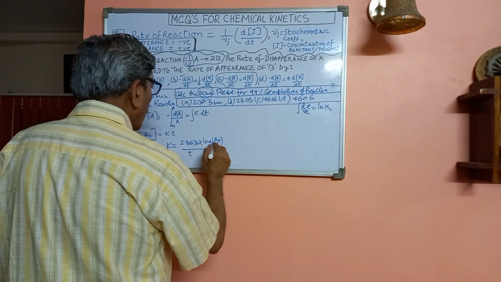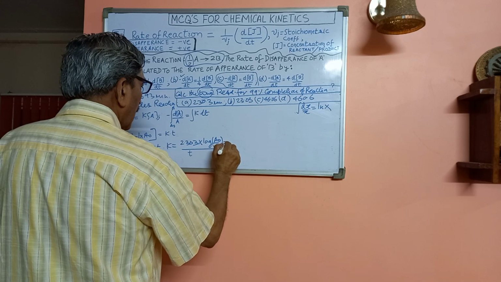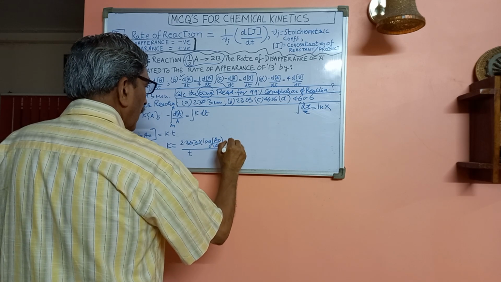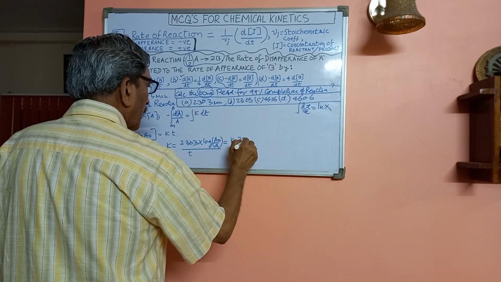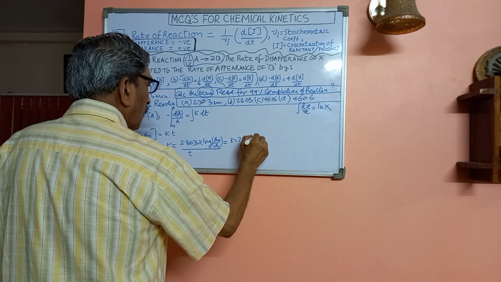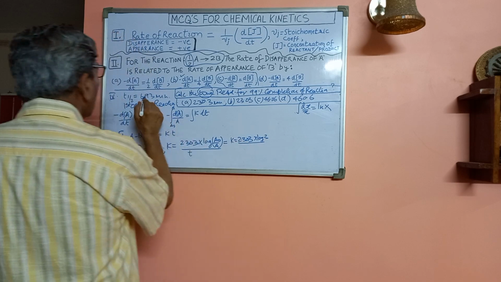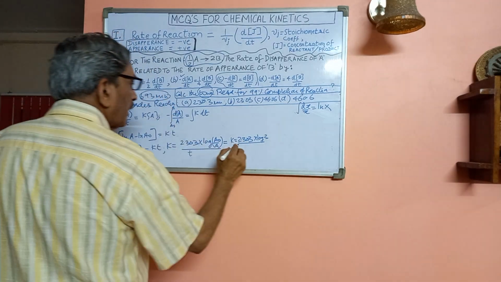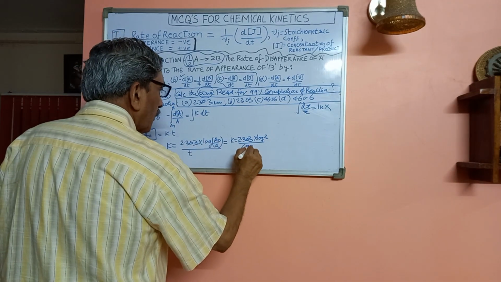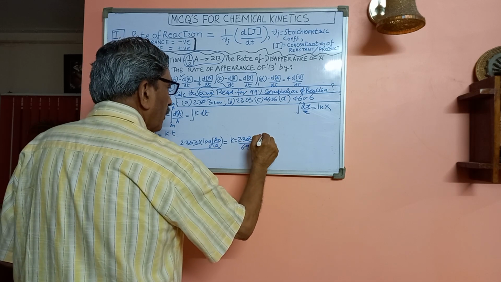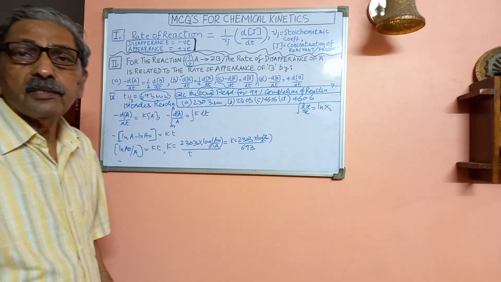So K is equal to 2.303 into log of 2 upon T. T is 6.93, and log 2 value is 0.301.